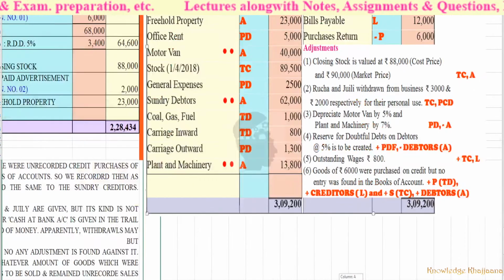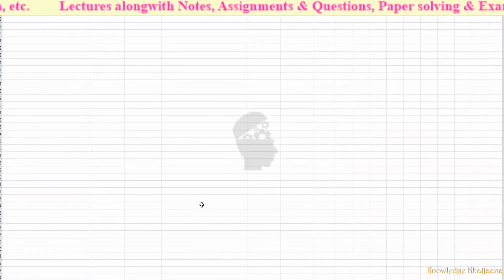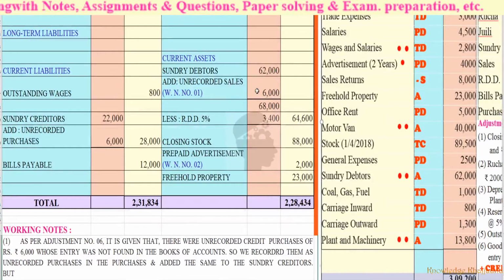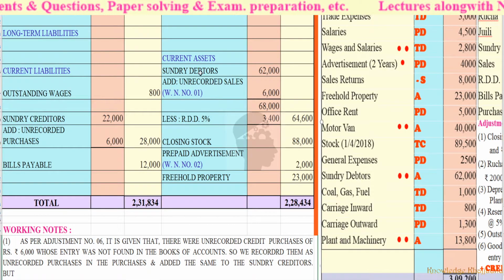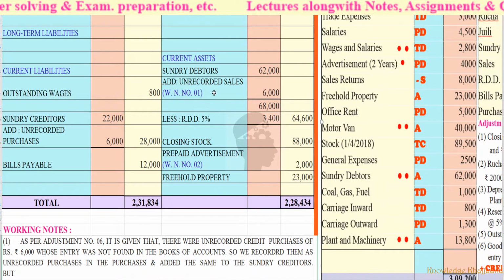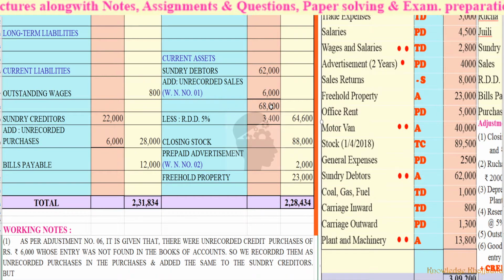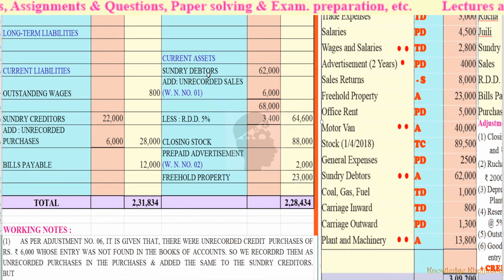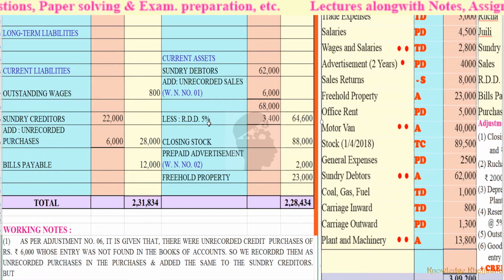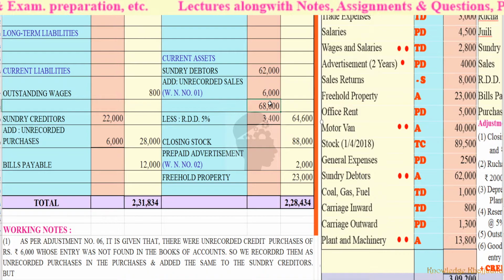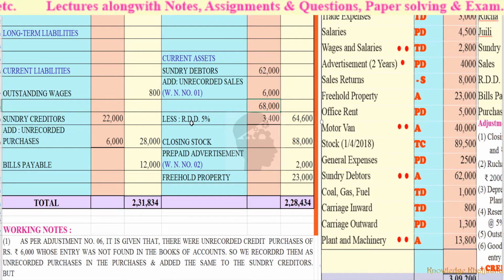So let's move to the sundry debtors which are there in the balance sheet asset side. This 6,000 unrecorded sales we added, and 68,000 was the value of the sundry debtors. We have to calculate 5% RDD on this value. So we have to deduct 5%.